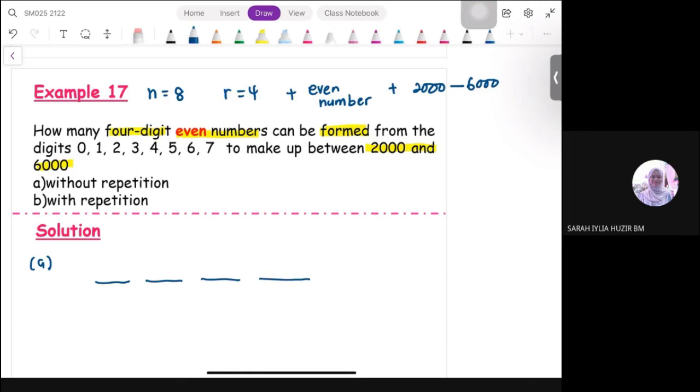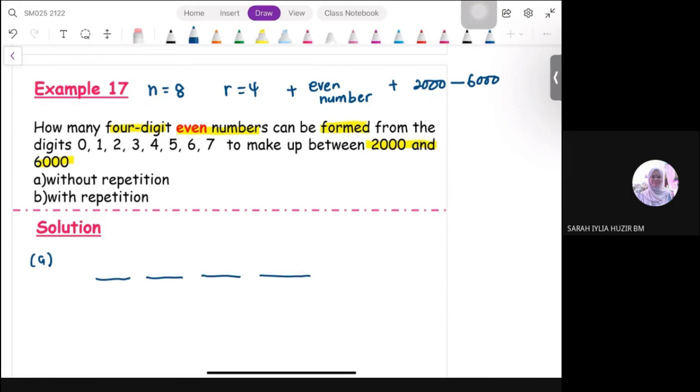So to ensure that, our last digit also must be an even number. Kalau kita nak susun nombor yang genap, kotak terakhir pun mesti nombor yang genap. So how many option do we have? We can use either number 0, number 2, number 4 or number 6. Okay. And then to ensure this is between 2000 and 6000 means we can either use number 2, 3, 4 or 5.